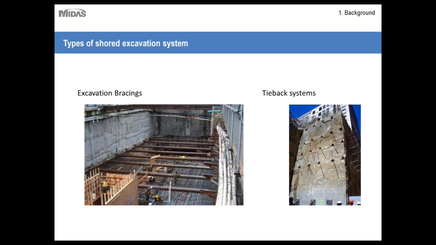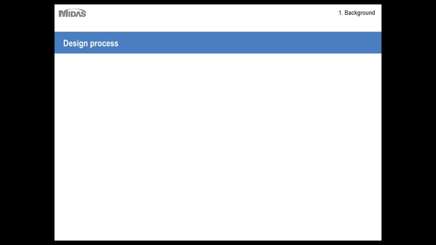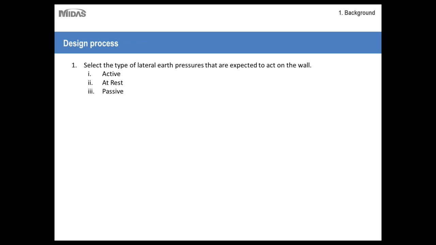So now let's move on to the design process of these excavation supporting systems. So I'll go through the steps that are involved in the design process one by one, starting with the first step, where we have to select the type of lateral earth pressure that are expected to act on the wall.